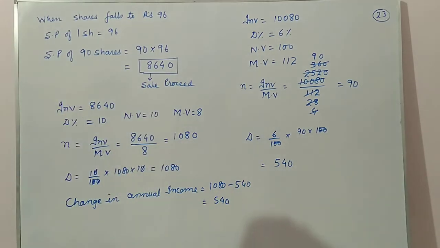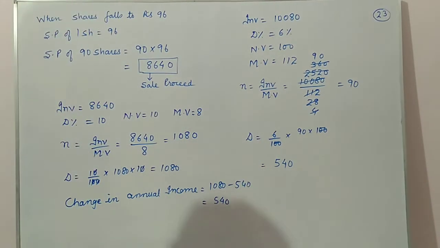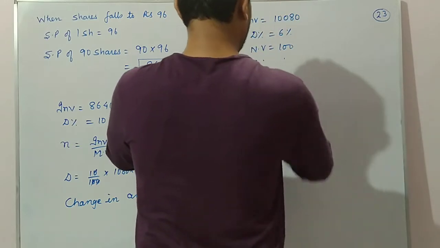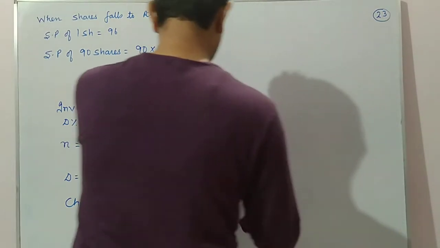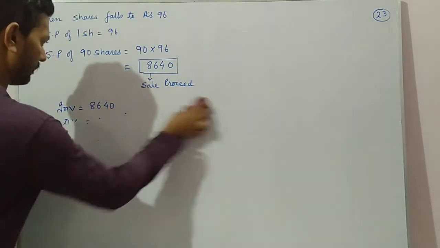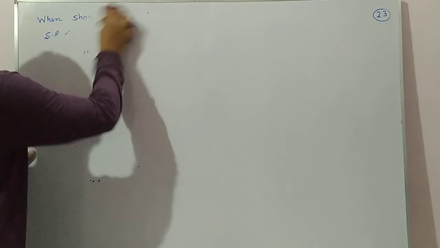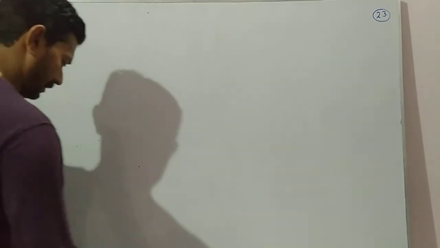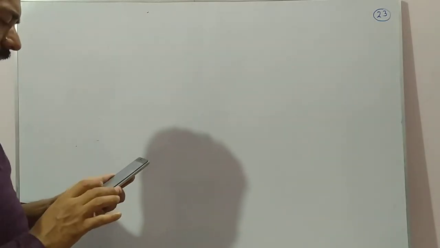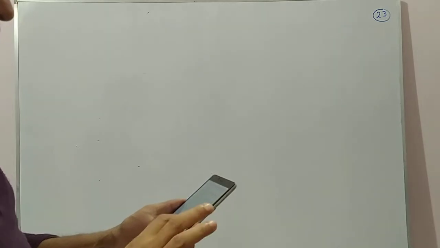Okay. Next, question number 24. It is given that Sachin invests 8,500 in 10% rupees 100 shares at 170.